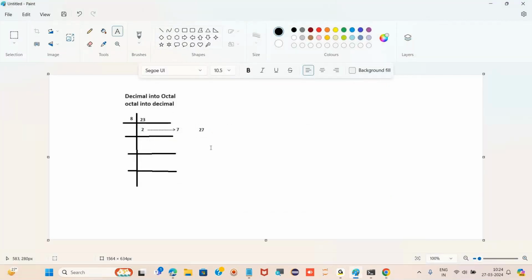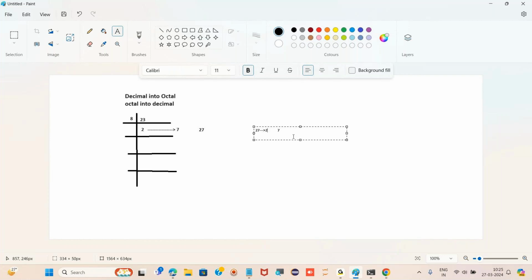Now when it comes to octal into decimal, how can we convert octal into decimal? Simple. Like I want this value 2 7 to be converted into decimal again. So we have 2 and 7.